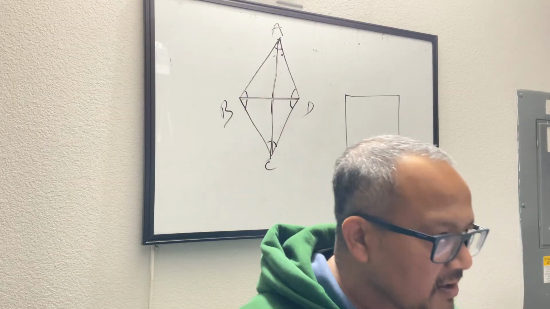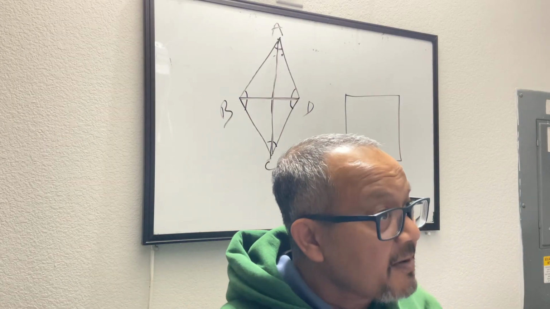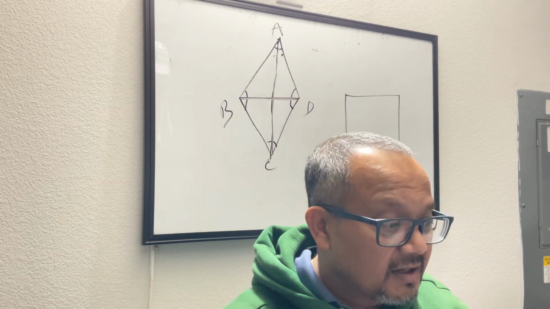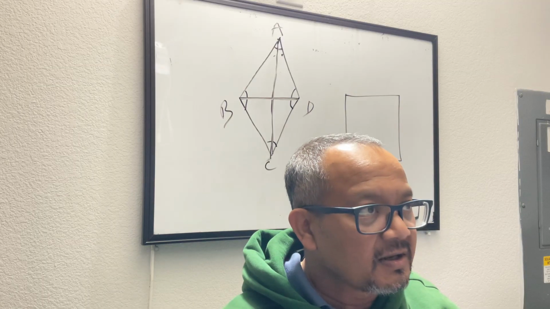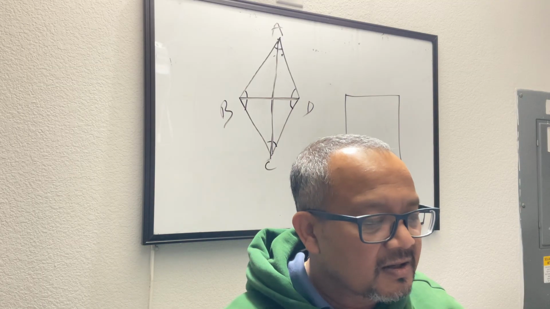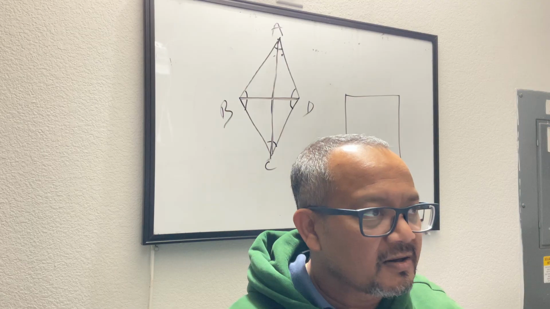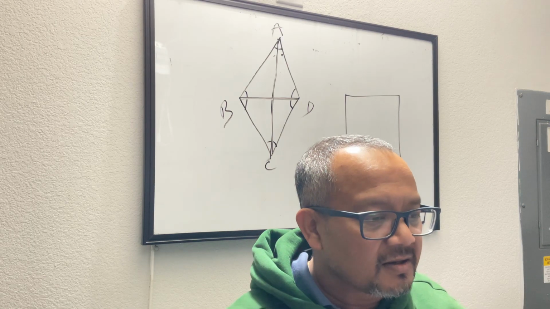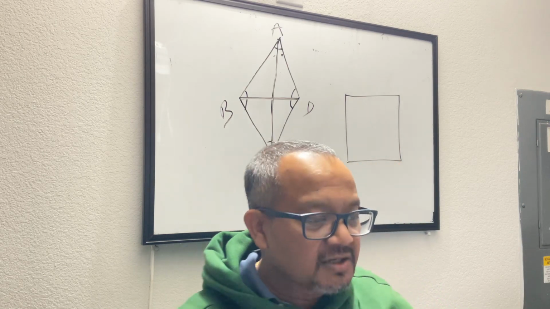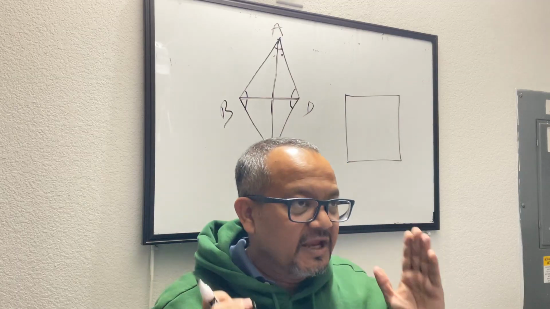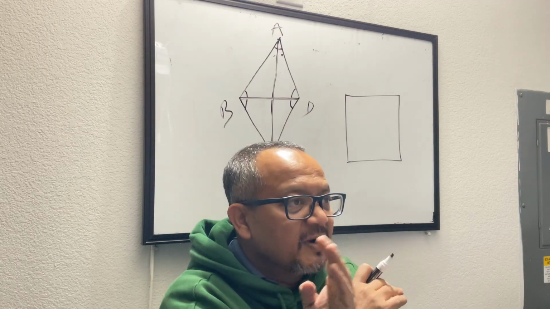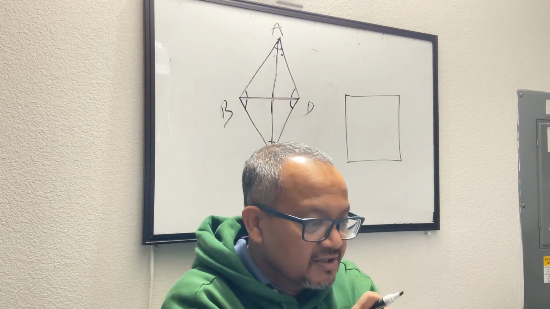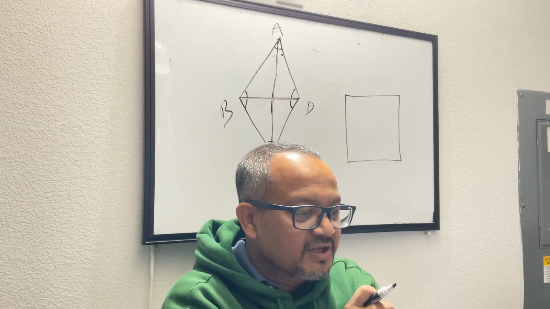The diagonals are basically perpendicular for rhombus, and also that makes the opposite angles, right? No, I'm just talking about diagonals. I'm saying diagonals of a rhombus perpendicularly bisect each other. What does that mean?